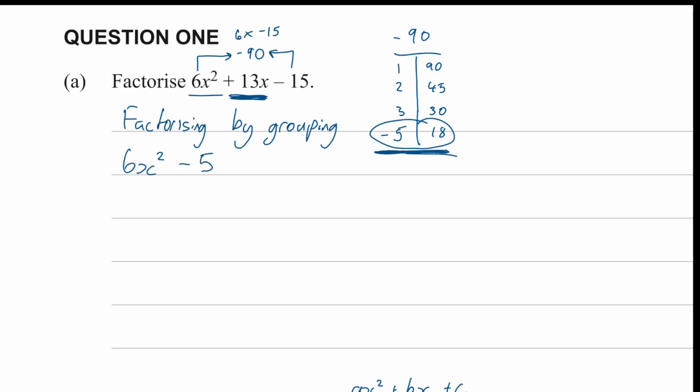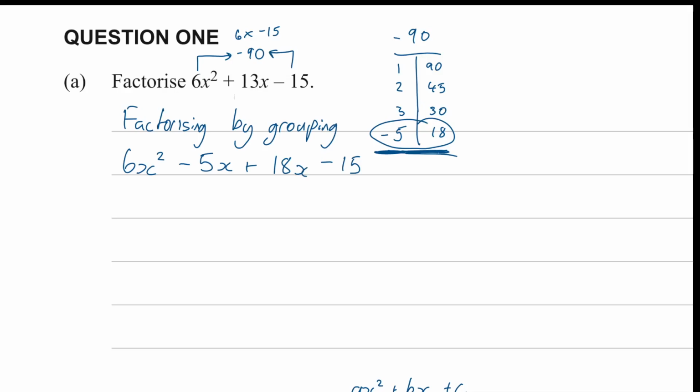All I did here was replace 13x with the sum of two terms, and those terms came from being factors of minus 90, while also adding to 13. And let's not forget the minus 15. So what we've done here is we've rewritten the quadratic expression.